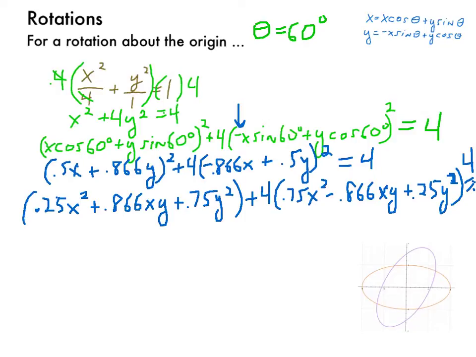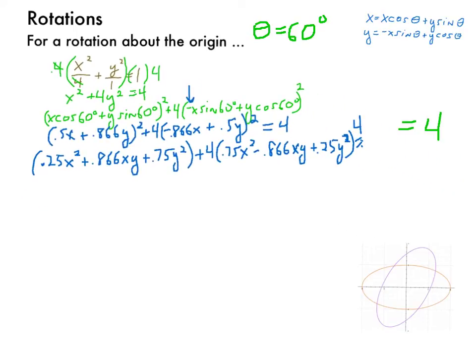All right, now, don't forget, we have to distribute this 4 still here. Distribute, distribute, distribute. So let's do that. After you distribute this 4 here, here, and here, and don't forget, you always combine your like terms.